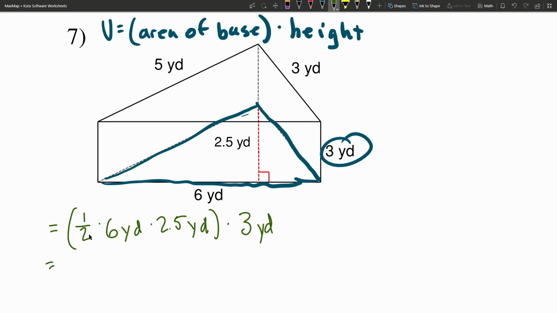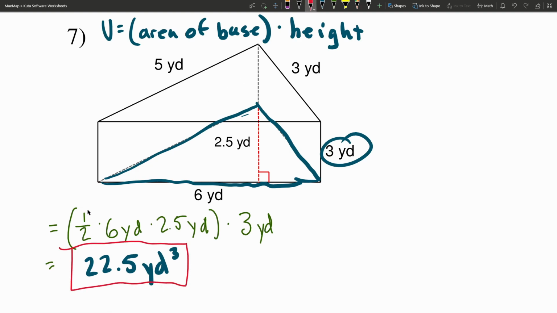Calculating this out, 1/2 times 6 yards is 3 yards. 3 yards times 3 yards is 9 yards, and that's yards squared. And then 9 yards squared times 2.5 yards is 22.5. So our solution is 22.5 yards cubed for number 7. And again, I'm just multiplying all these numbers together, keeping track of my units.